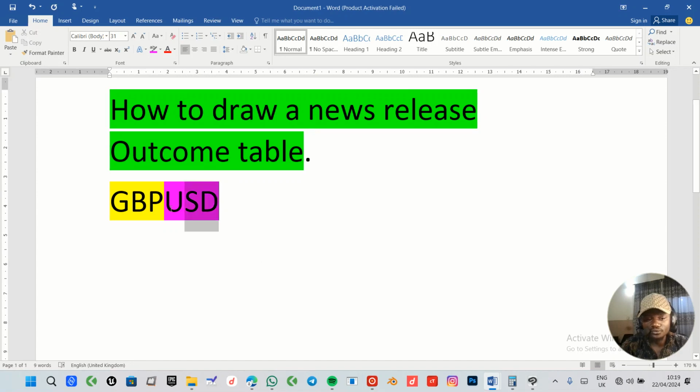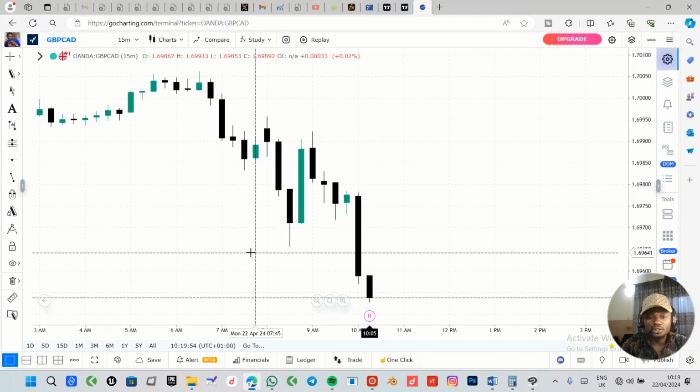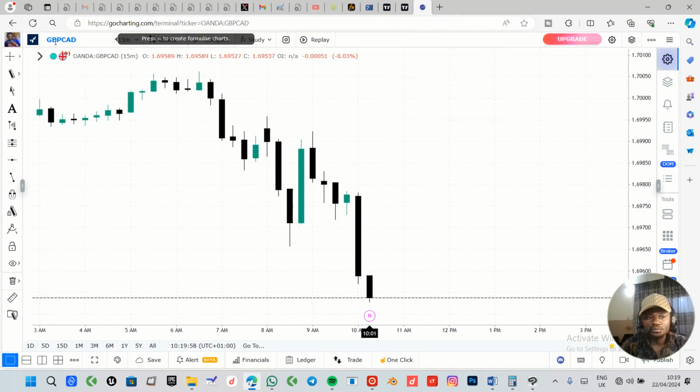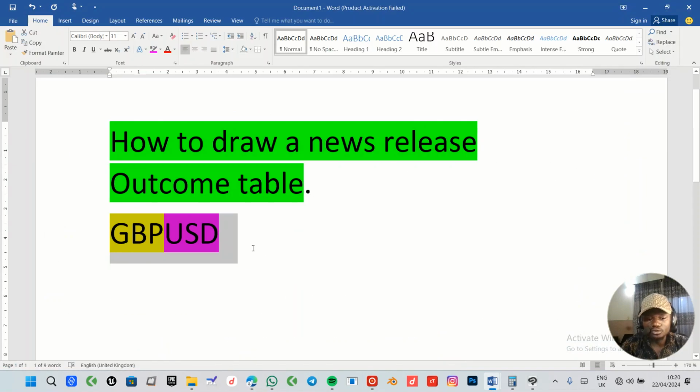Have that at the back of your mind. So now let's say, for instance, I'm trading GBP CAD, GBP Canadian dollar. Now this is how to draw your outcome table.